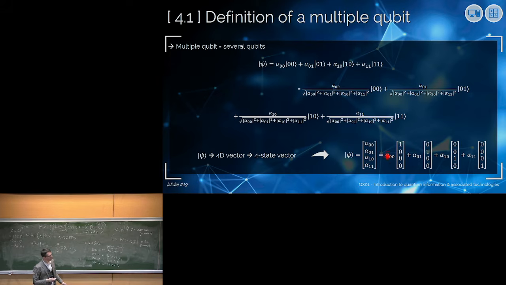Or in other words, I can write it as a superposition of 4 basis states: 1,0,0,0; 0,1,0,0; 0,0,1,0; and 0,0,0,1, with the coefficients. If I want to represent the most general 2-qubit state, that's what it would look like.